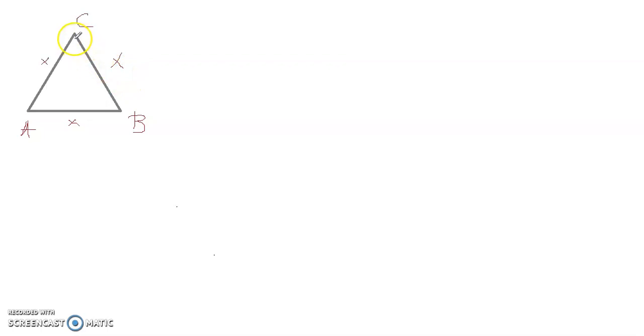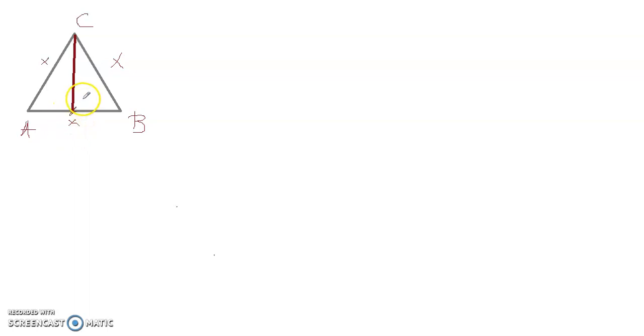What we know about an equilateral triangle is that the altitude of the equilateral triangle starting at C ends at the midpoint of AB.